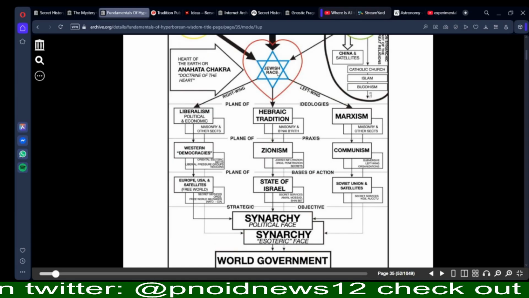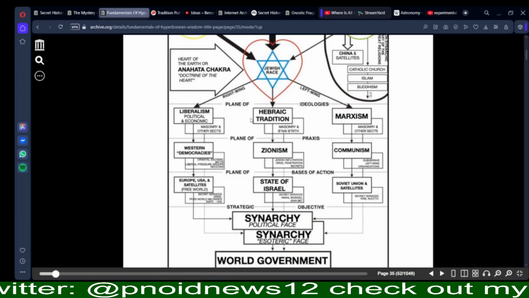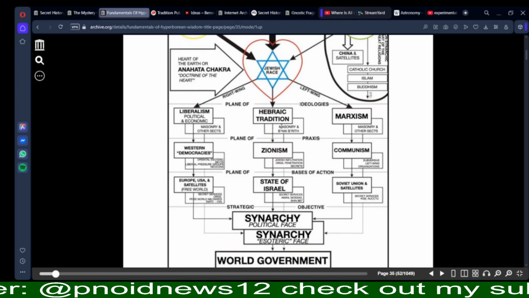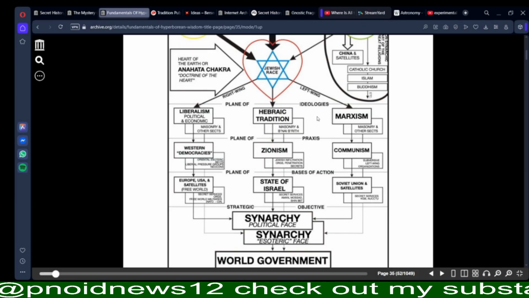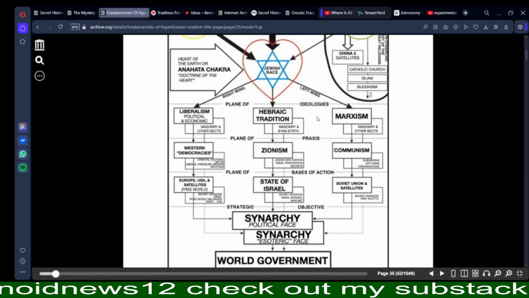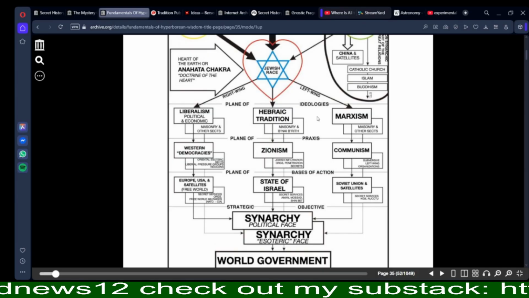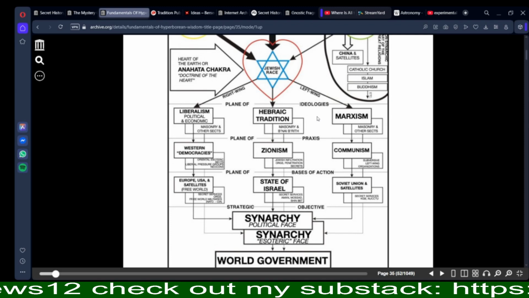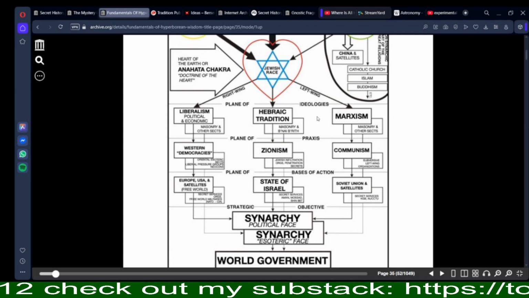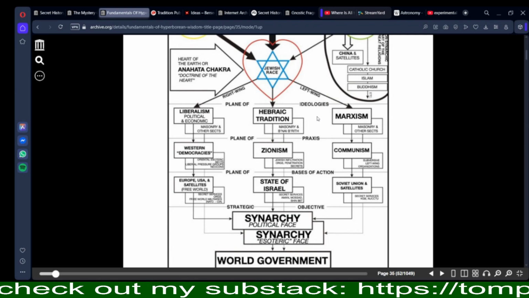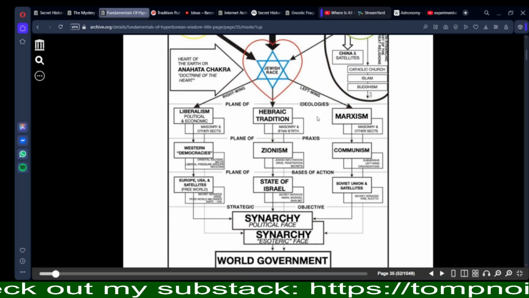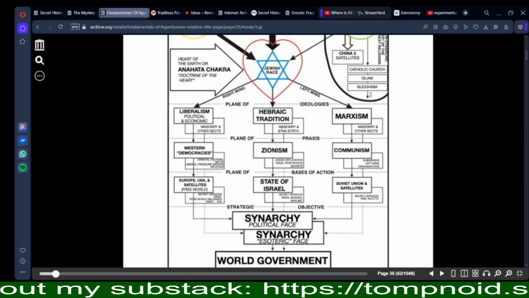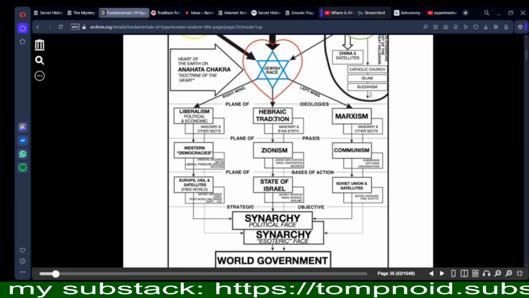In the middle, the centrist, left of center, right of center, you got the Hebraic tradition. Remember, and this is experienced in American politics, bipartisan agreement is always on Israel, the support of Israel. They disagree on partisan issues, small divisive issues. But when it comes to the Hebraic tradition, both aisles submit.